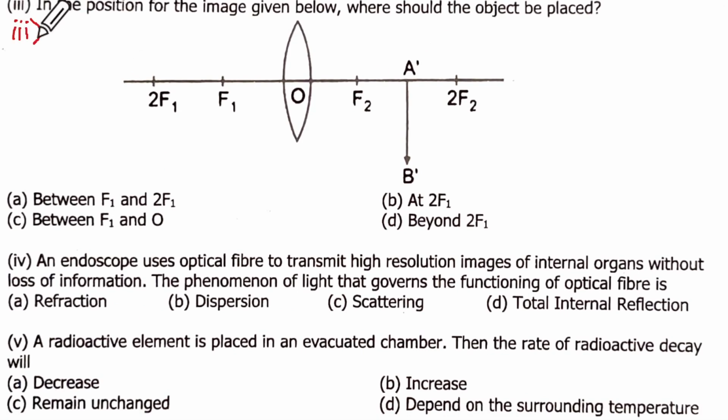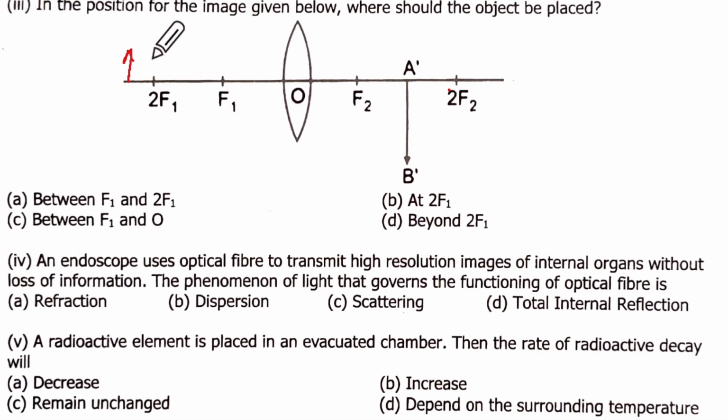Many of you have a little confusion for this. Remember that if the lens is producing inverted, that is real image. Remember, if the object is at 2f, the image will be at 2f, correct? Yes, ma'am. The object is at infinity, the image is here. Now, when the object is between this and this, so the object should be here beyond 2f to get the image between f2 and 2f2.